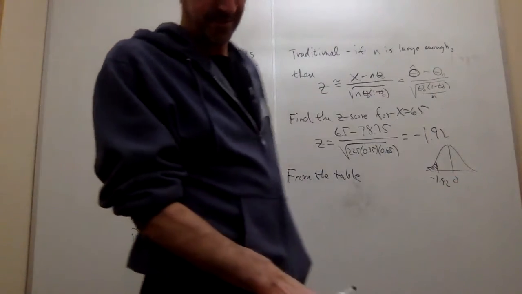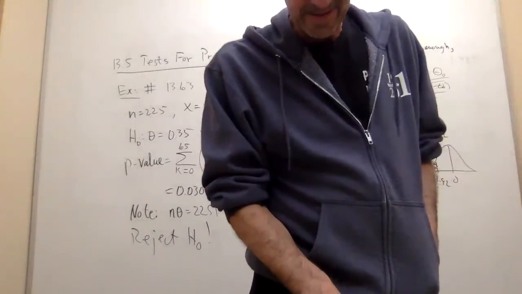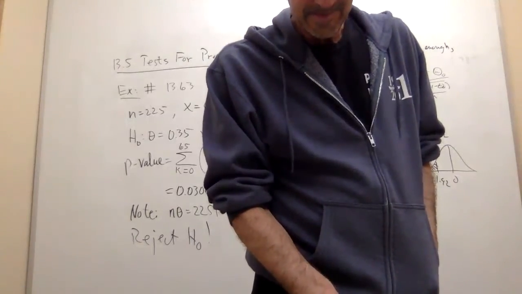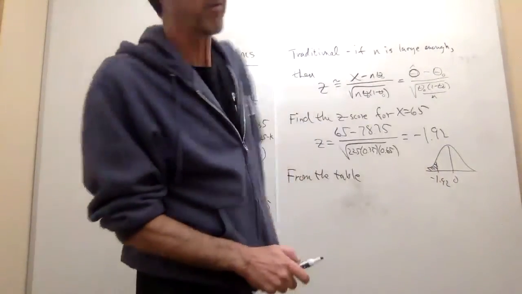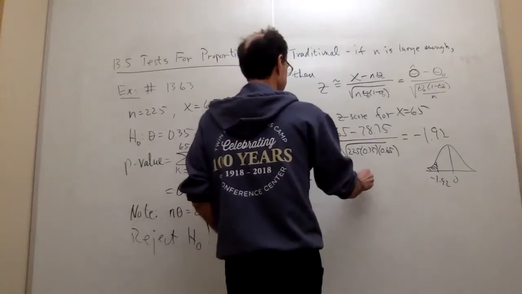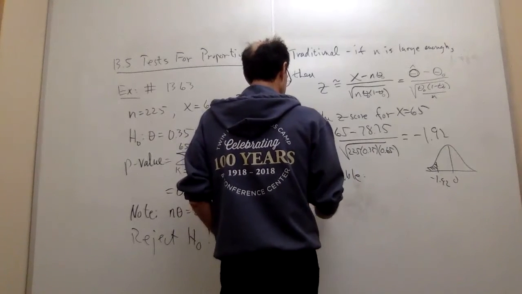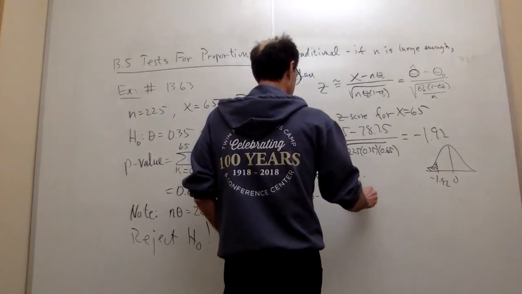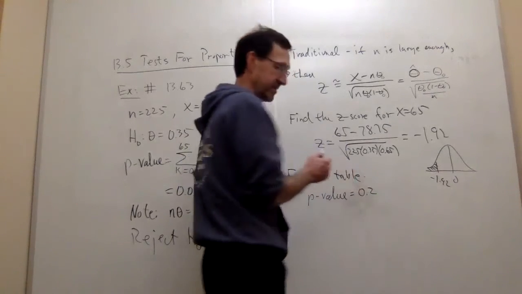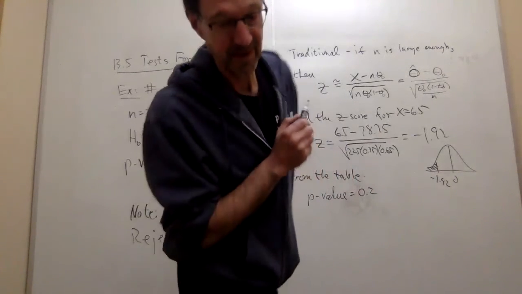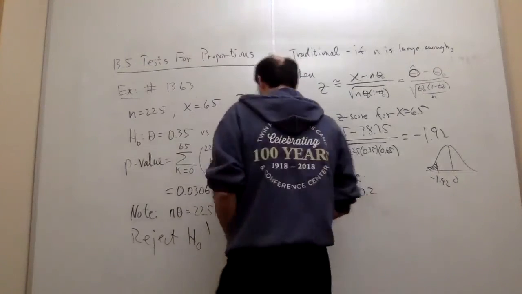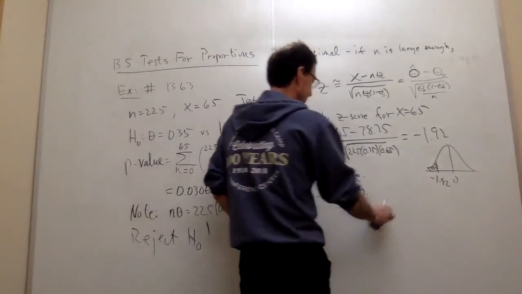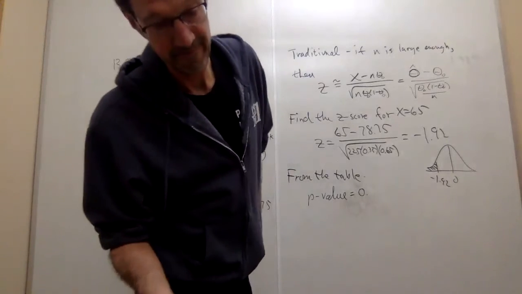And from the table, I get 0.0274. This would be the p-value. Did I say 2724? 274, that's all, 0.0274, that's what I have.